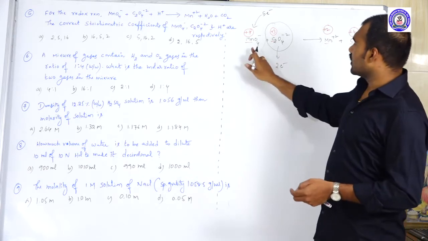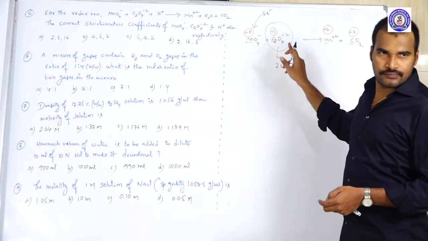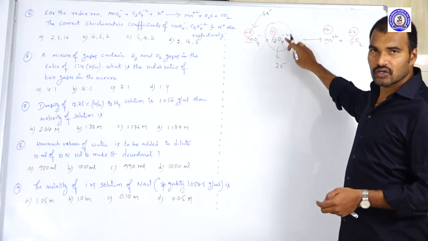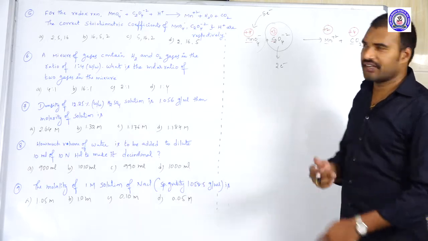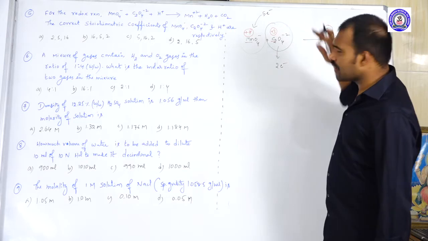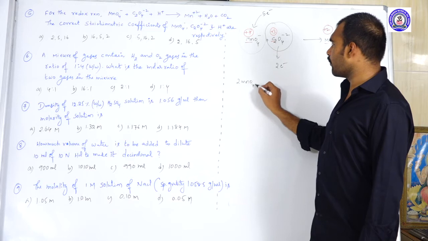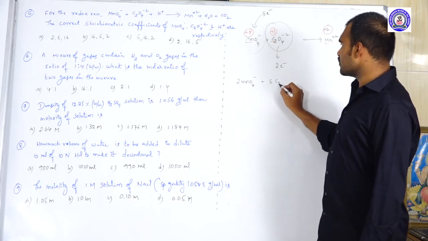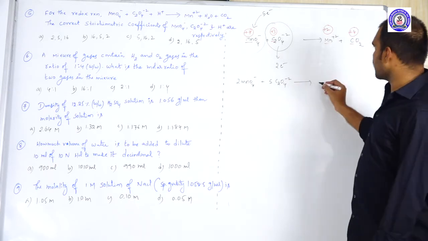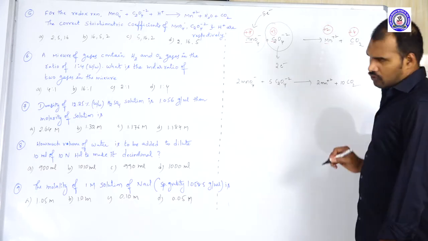Okay, always the number of electrons gained by the oxidant should be equal to the number of electrons lost by the reductant. To equate that, you take this many number of permanganates and this many number of oxalates, write the resultant equation, 2MnO4 minus and 5C2O4 minus 2, and accordingly you just balance the other atoms, that is 2 moles of Mn plus 2 and 10 moles of CO2.